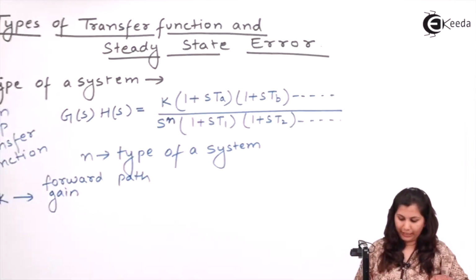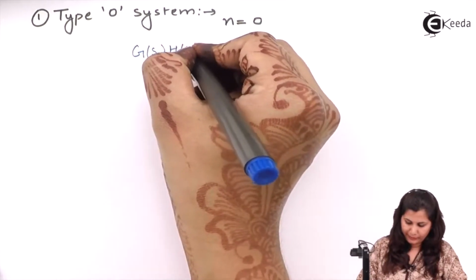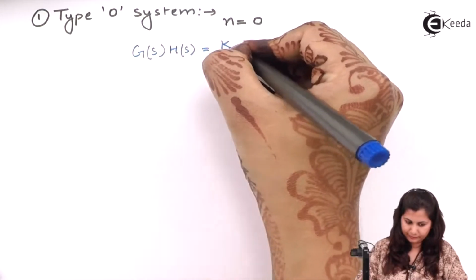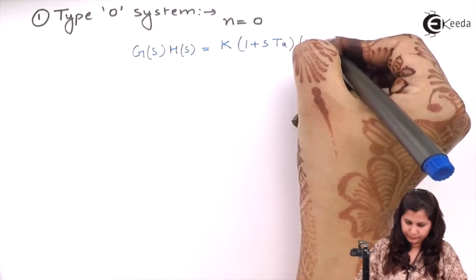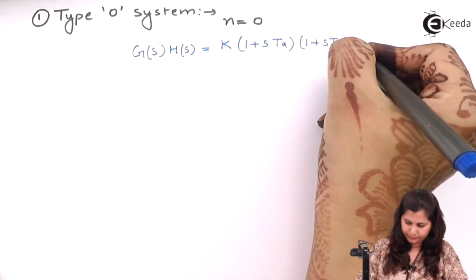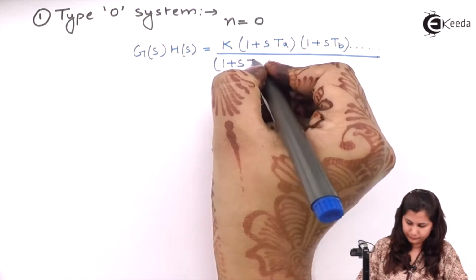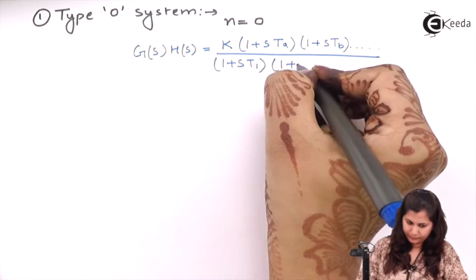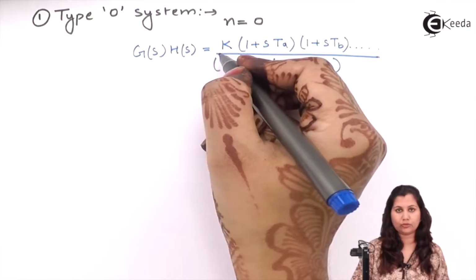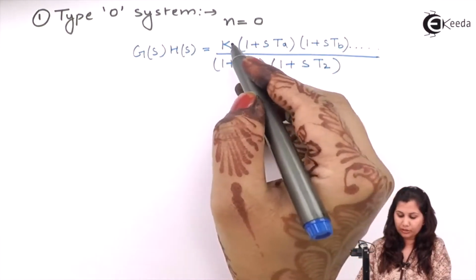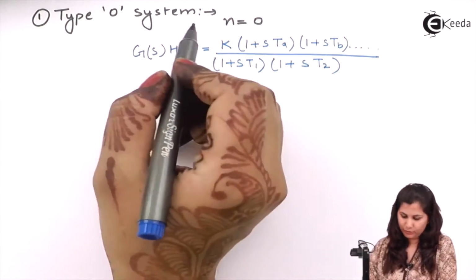So for type 0 system, the open loop transfer function G(s)H(s) will be given by K. We have put here s to the power 0, so it will become 1. So here we have the open loop transfer function for type 0 system.